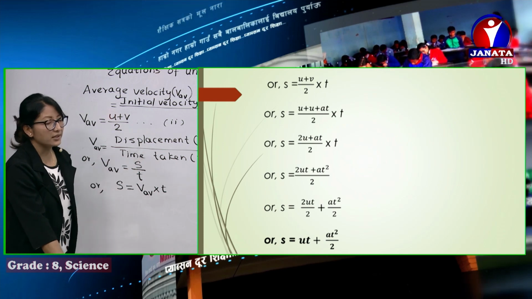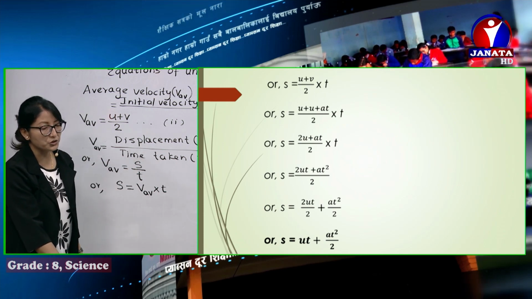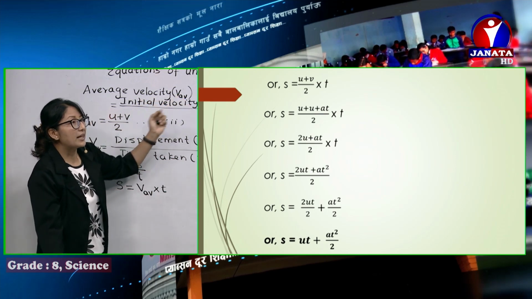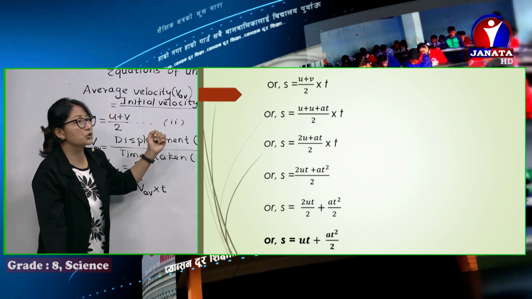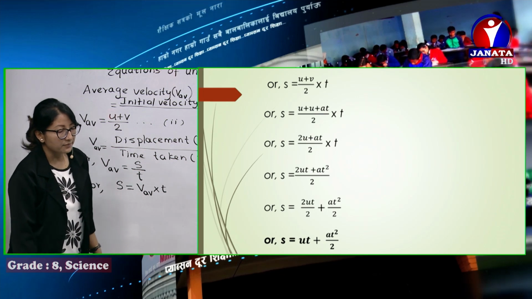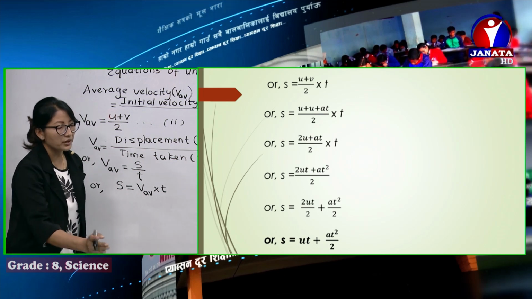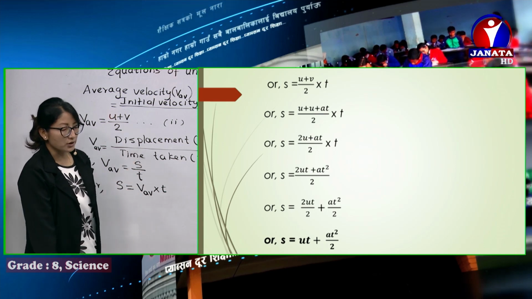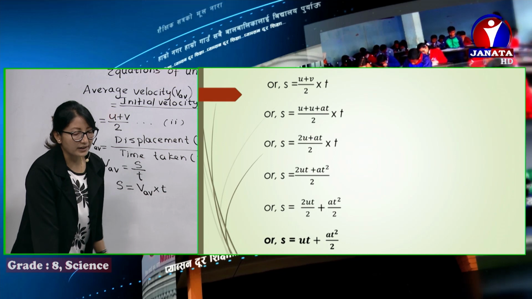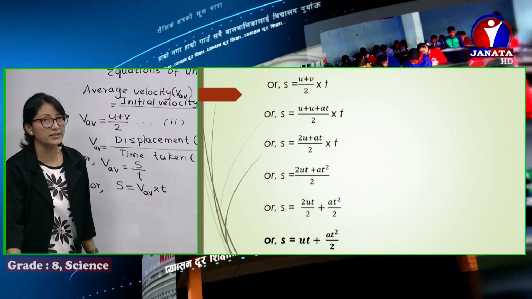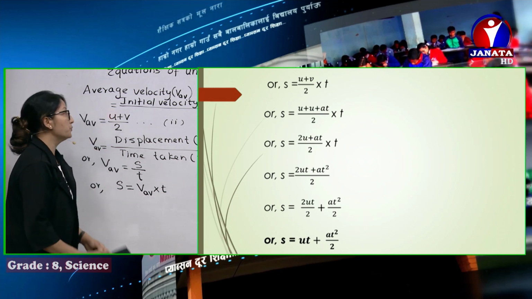We substituted v's value, v is equal to u plus at, over 2 into t. We added u plus u is 2u plus at, and after multiplying we get 2ut plus at square over 2. Then we separated it, and finally S is equal to ut plus half at square. The second one is derived.